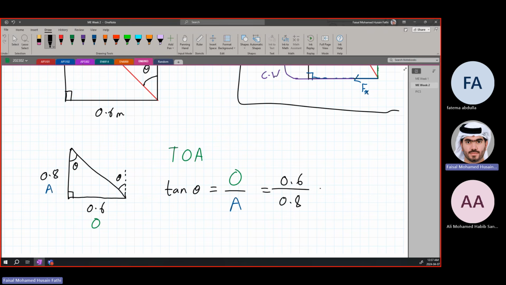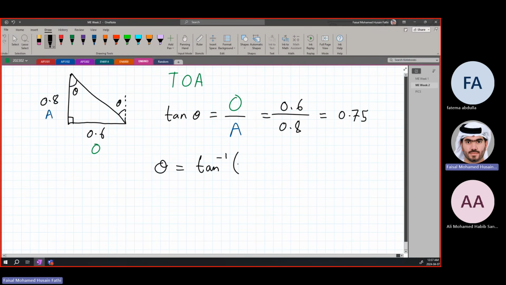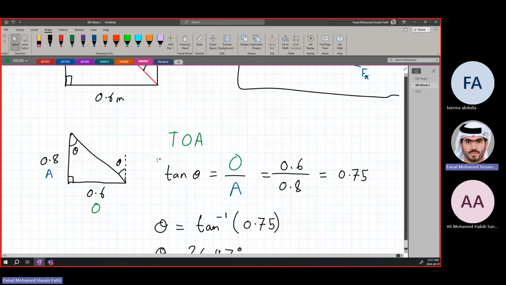Okay, which is equal to 6 over 8, which is 3 over 4, I think yes, 3 over 4, meaning 0.75. So theta is going to be equal to tan inverse of 0.75. Tan inverse is just shift tan in the calculator, 0.75, which is 36.87 degrees. Very straightforward.